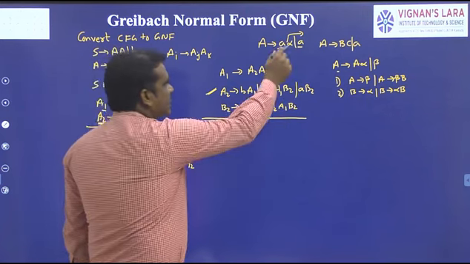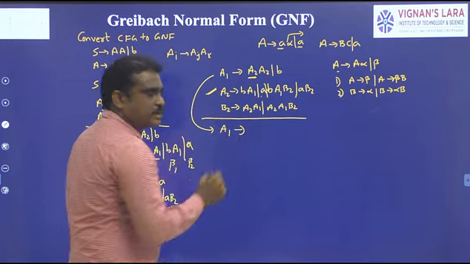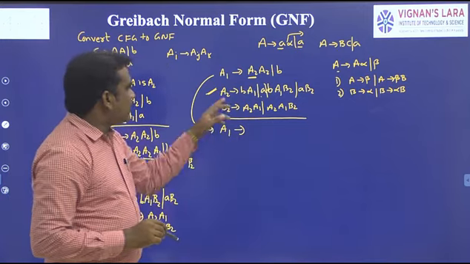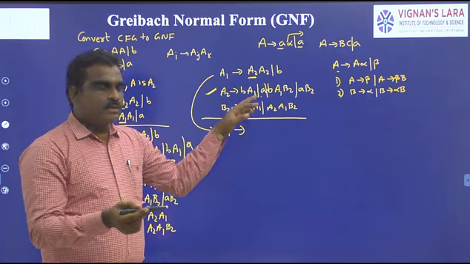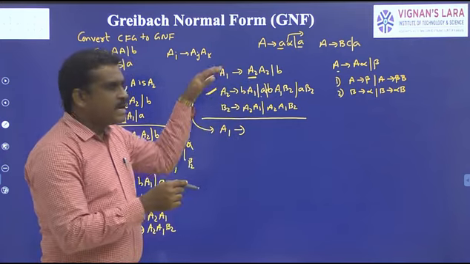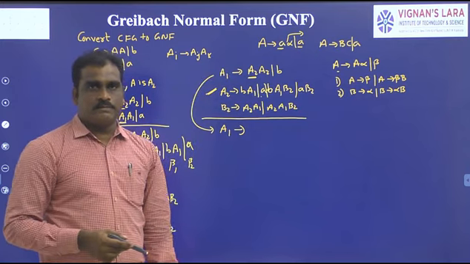Now we concentrate on A1 and B2. A1's right-hand side starts with A2, and A2 is already in GNF form. So simply replace it with the A2 productions, and then A1 is also converted into GNF form.